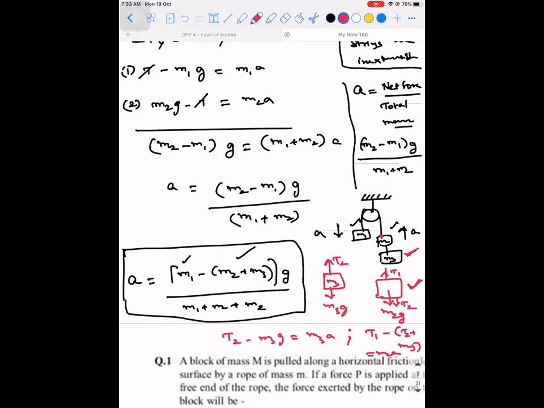When you add these two, here you have plus T2, here you will have minus T2. It will get cancelled. Similarly, this T1 will get cancelled due to M1. So nowhere will tension get involved. It will get cancelled provided those two conditions are satisfied. Is it clear? Yes, sir. Clear.